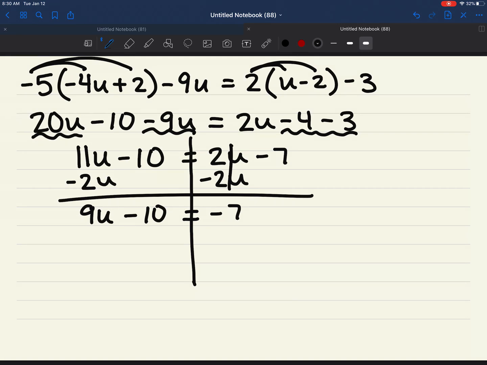Okay, good. Keep going. Then you do +10, because you want the variable to be by itself. Yeah, +10.